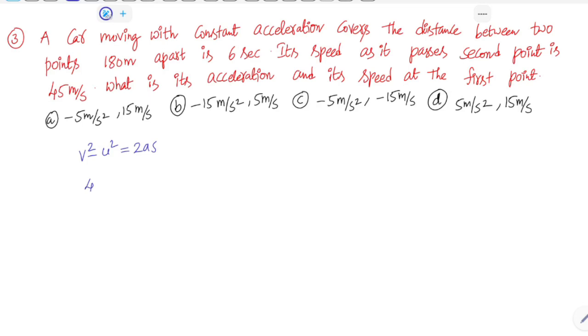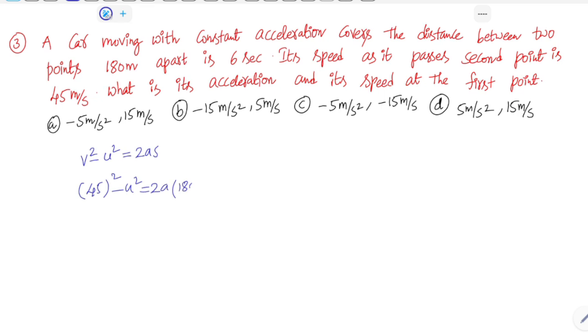Therefore 45 whole square minus u square is equal to 2a into s, where s is 180. Now what is 45 square? The square of 45 is 2025, minus u square is equal to 2 into 180 is 360, so 360a. Consider this as the first equation.